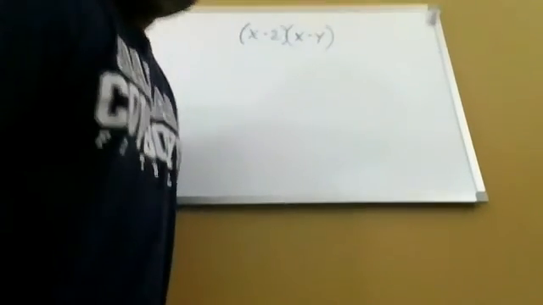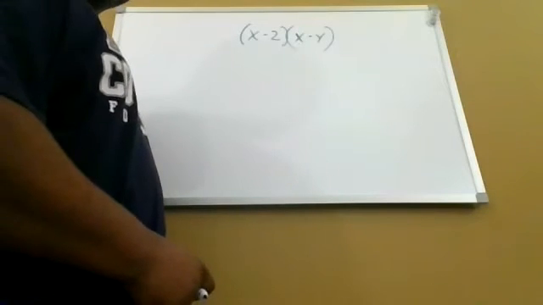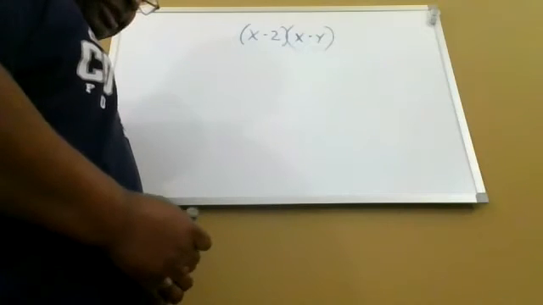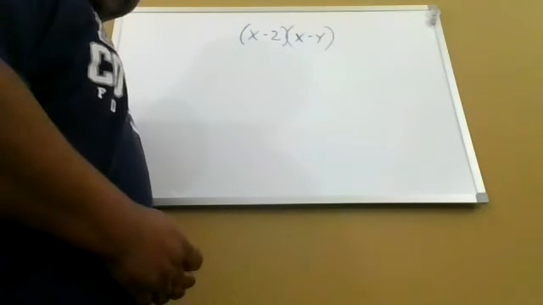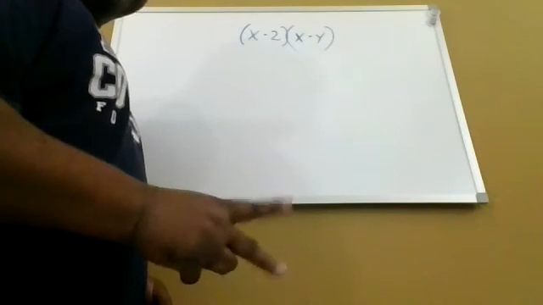Okay, with this problem, we have x minus 2 times x minus y. And a good way to think about this is doing the distributive property twice.